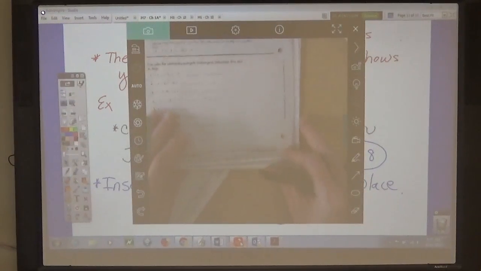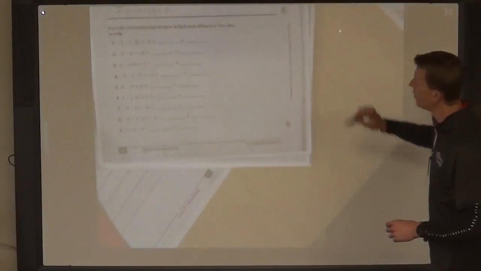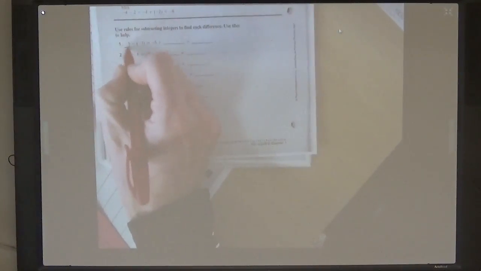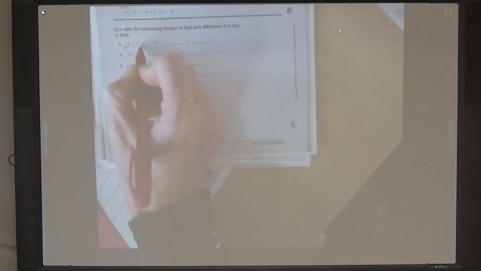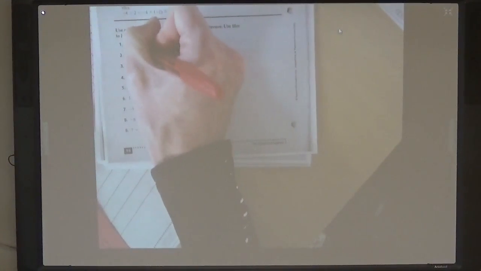The first section is just practicing rewriting it as an addition problem first. So, I know it's hard to see up here, but I'll read it for you. It says negative 5 minus negative 3. Since the two minus signs are in a row, we change it to just plus.